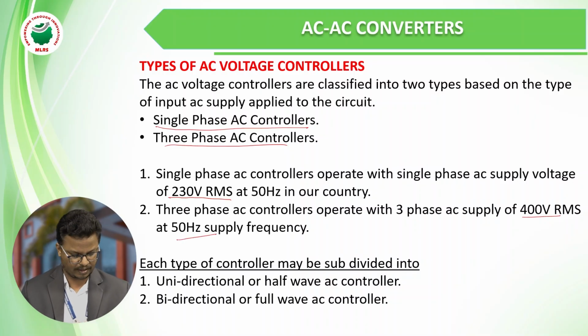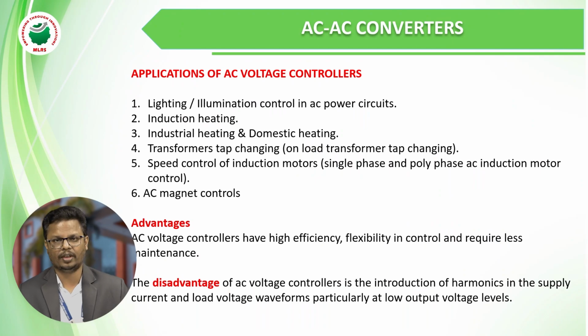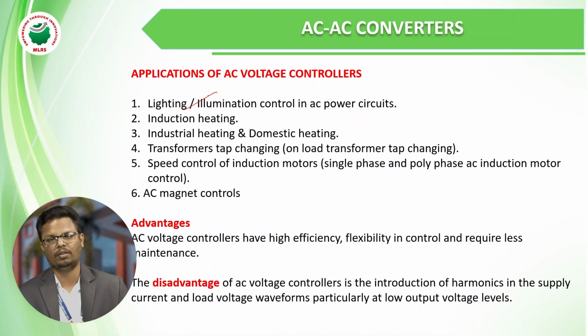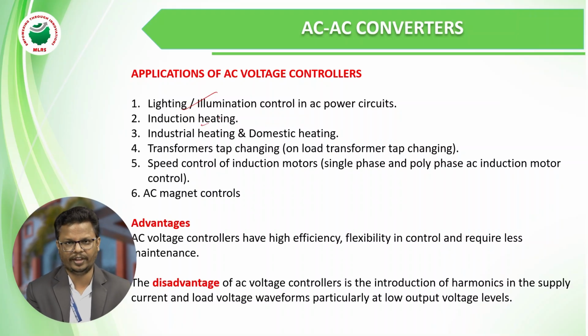Here are some applications. The first is lighting or illumination control in AC power circuits, and induction heating, industrial heating and domestic heating. Wherever we require a fixed voltage to be made variable, we can use it.